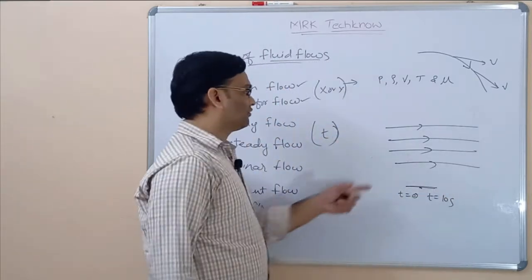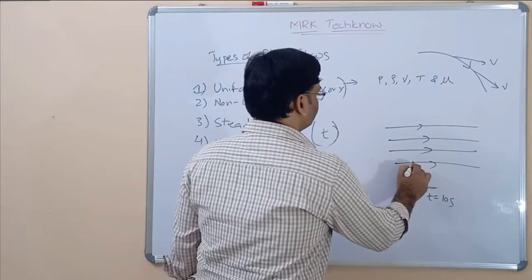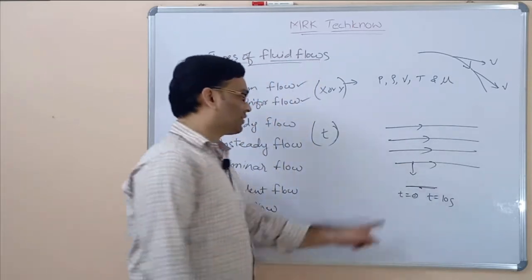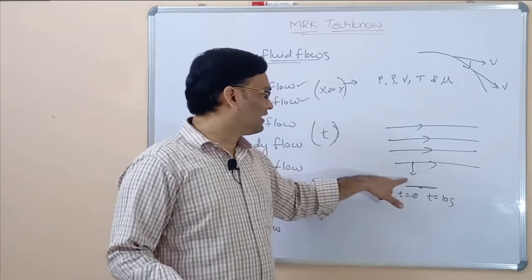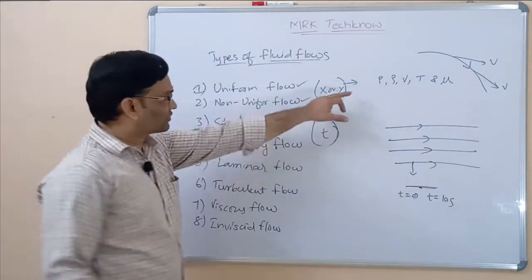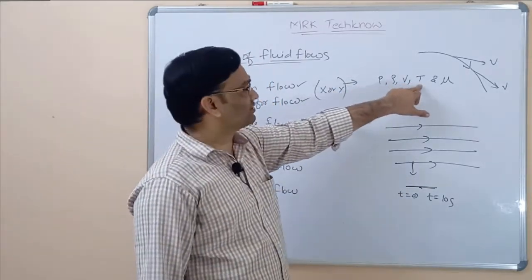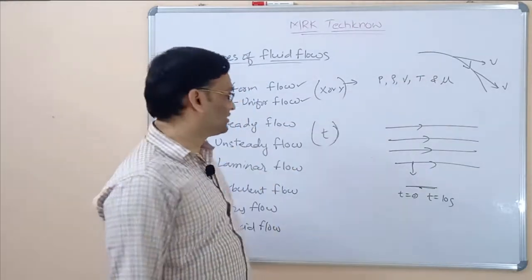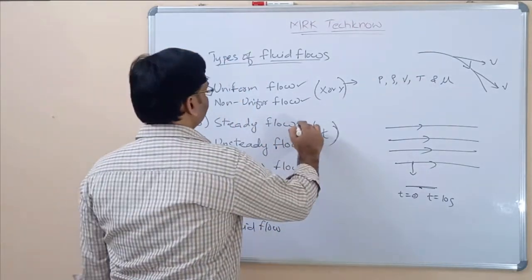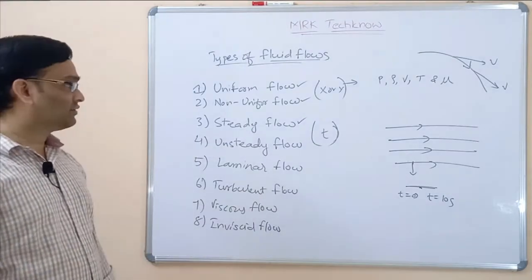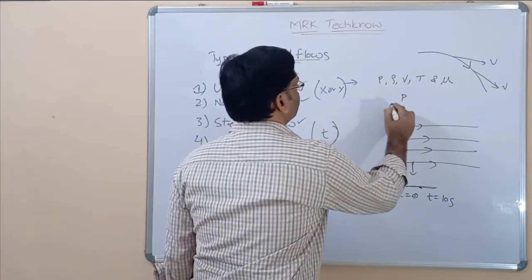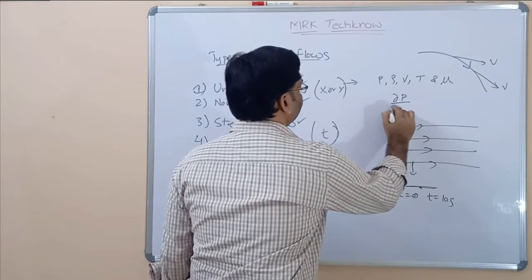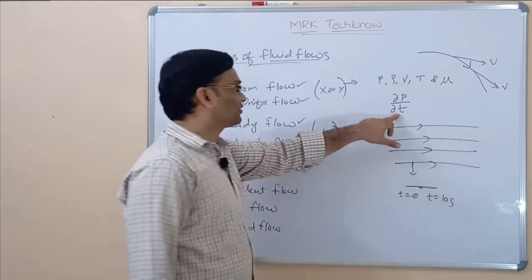At this location, if every second you take a value and you get the same pressure, or same density, or same velocity, or same temperature, or same viscosity, then such a flow you can call steady flow. That means the fluid properties, for example pressure, remain constant with respect to time.